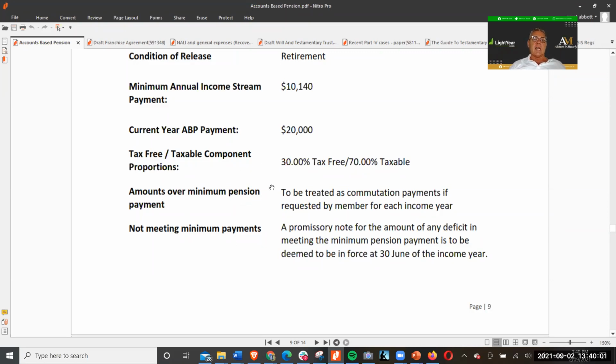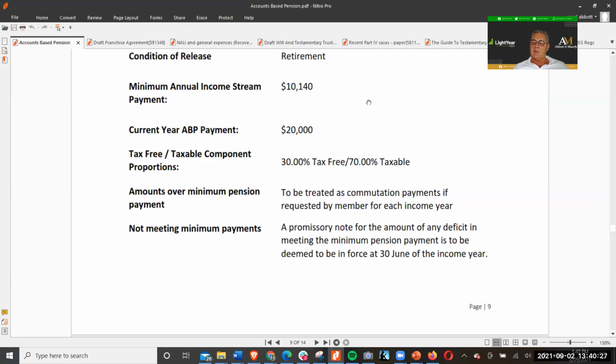So what we've got is a standard one here, and I'd like to get your feedback on this. I've put this as a standard term where there's a pension payment over the minimum. In this instance, the minimum is $10,140 and we've paid $20,000, so $9,860 is to be treated as a commutation payment, effectively like a lump sum.